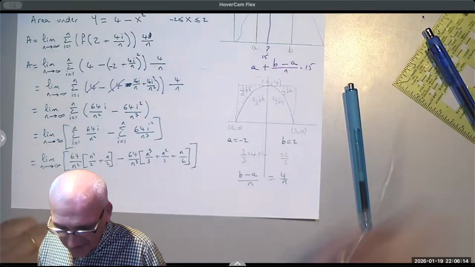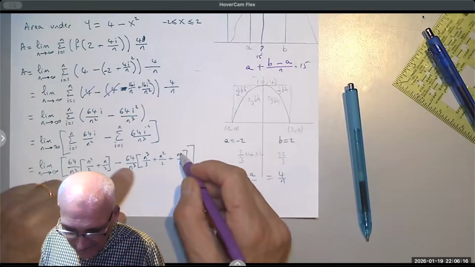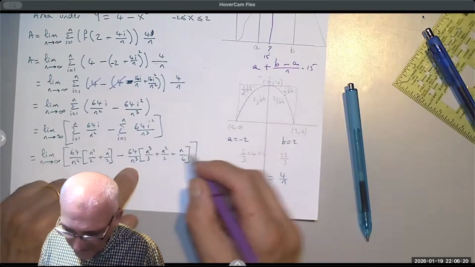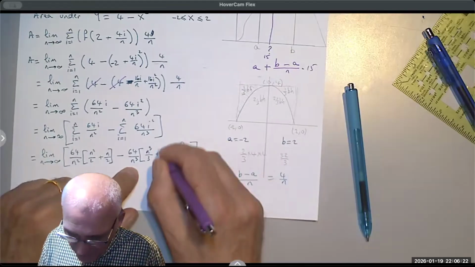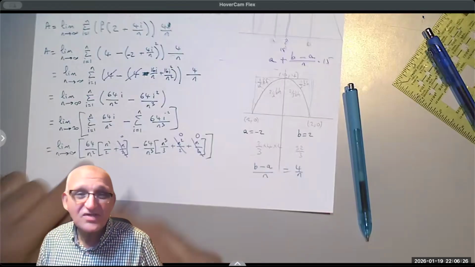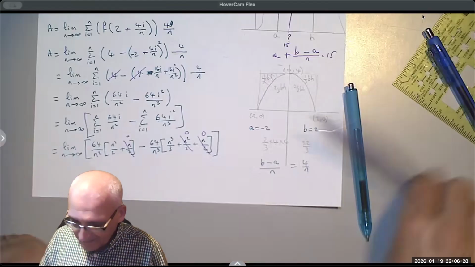Now we take the limit. If I divide n by n cubed, when n goes to infinity, then this will be 0, this will be 0. Same thing, if I divide by n squared, this would be 0. So that's the easy part in the problem.